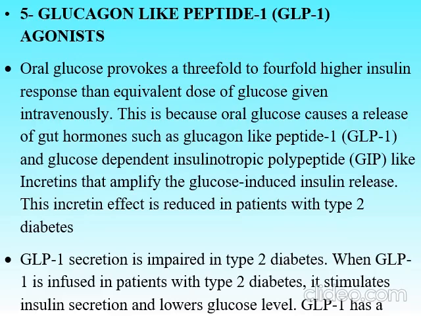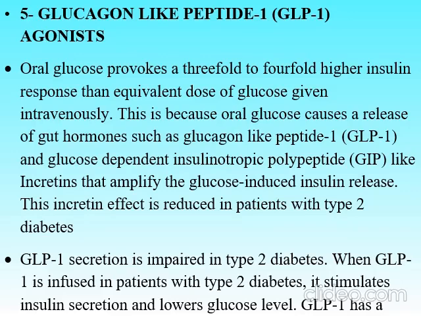This is because oral glucose causes a release of gut hormones such as glucagon-like peptide and glucose-dependent insulinotropic polypeptide, incretins that amplify glucose-induced insulin release. This incretin effect is reduced in patients with type 2 diabetes.